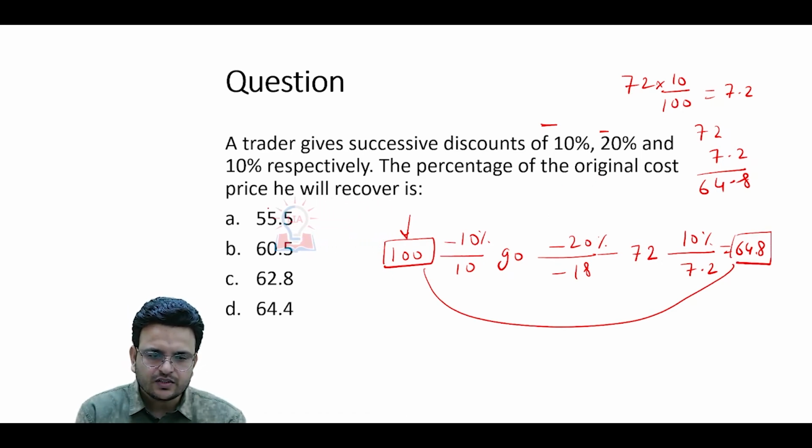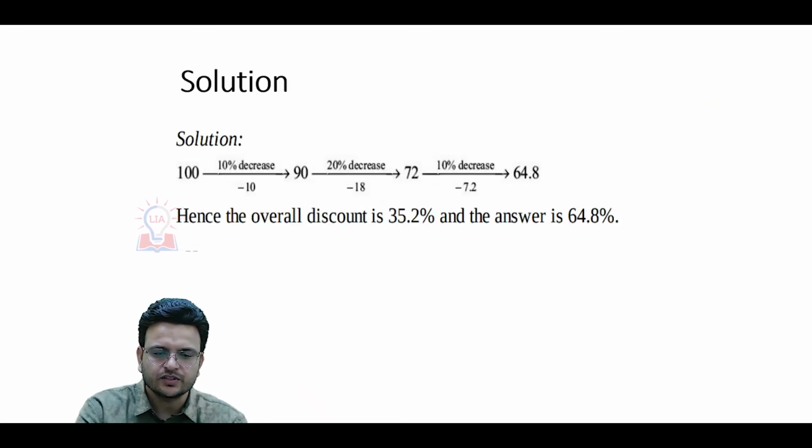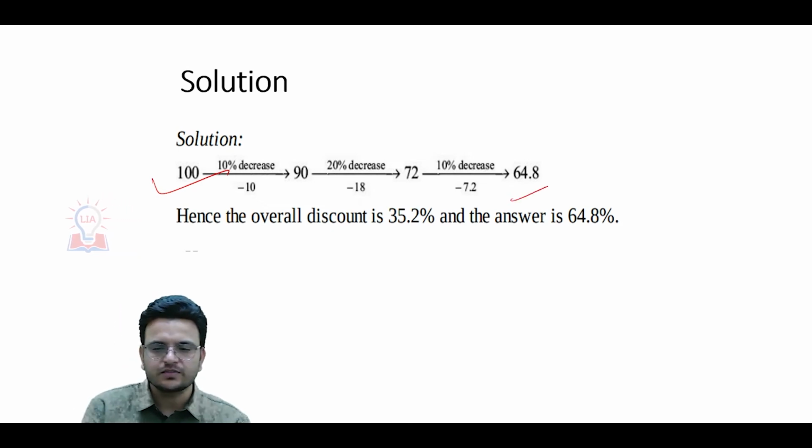So the original cost price he will recover is 64.8. So got it? This is the way you can solve this particular question. You can see here also how I solve this particular question.